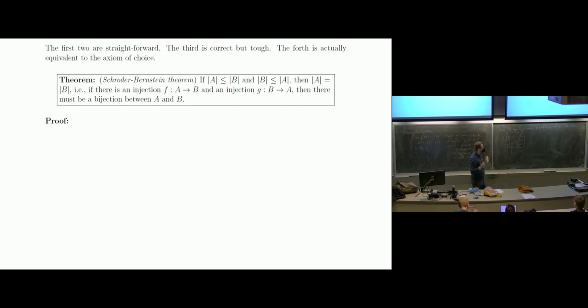So what I mean formally is I'm going to use F on some of the elements of A, and I'm going to use G inverse on the other elements of A. And hopefully, if I pick the right choices, I can do so in such a way to get a bijection out.